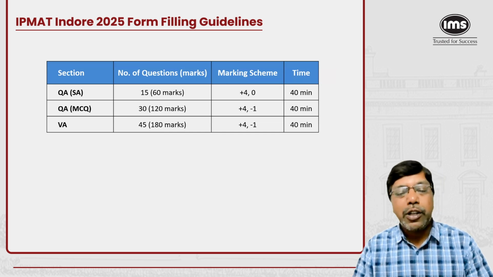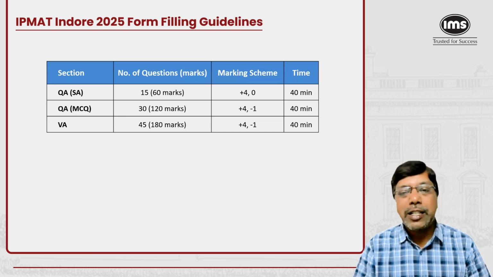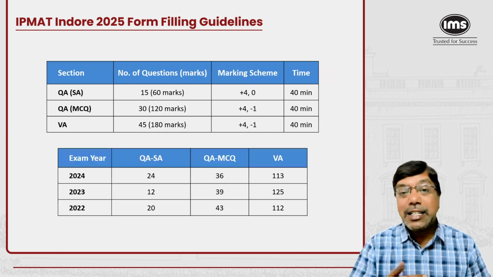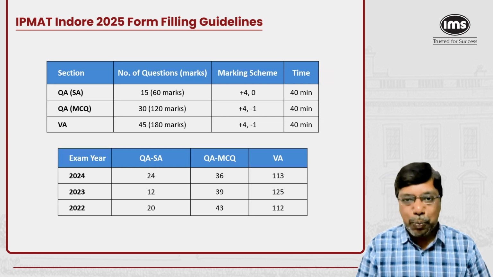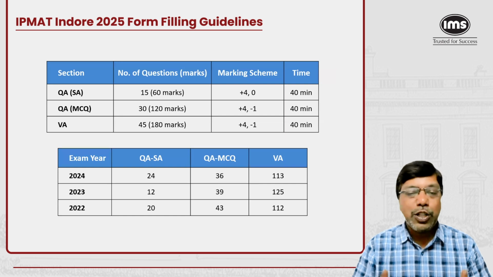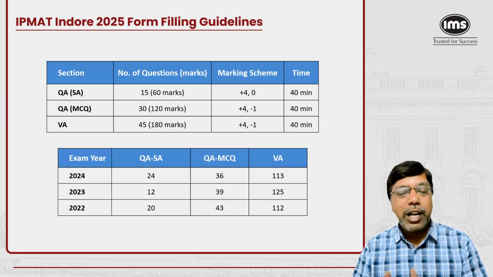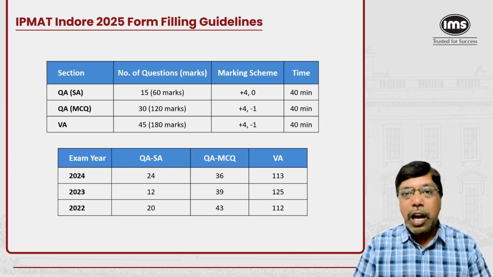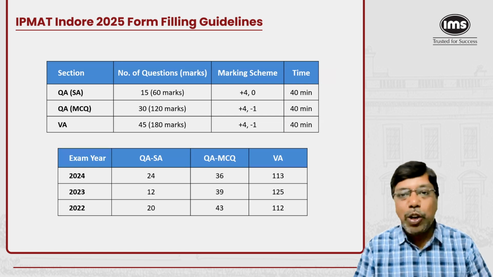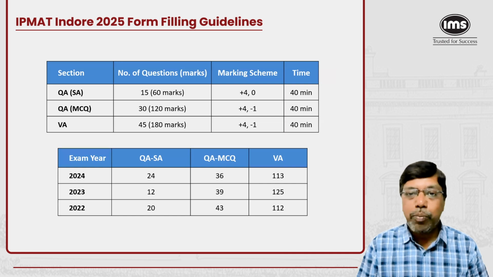Now, the most sought after program that students target through IPMAT Indore is the integrated program in management offered by IIM Indore. IIM Indore has sectional based cutoffs to shortlist students for interview. If you look at the last 3 years, the cutoffs are, as you see on the screen, the quantitative ability short answer section, out of 60 marks, the cutoff over the last 3 years has been hovering between 12 to 24 marks.